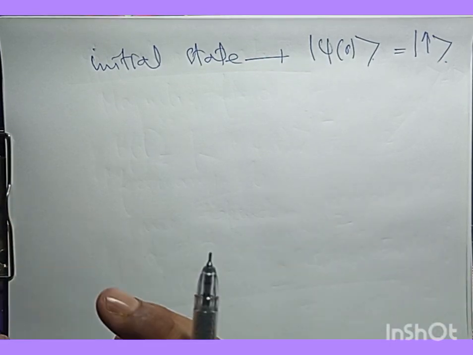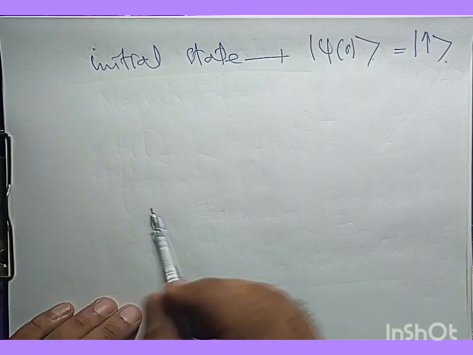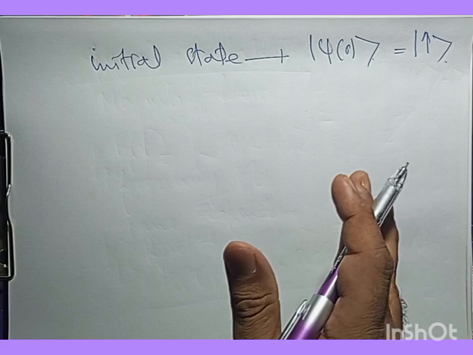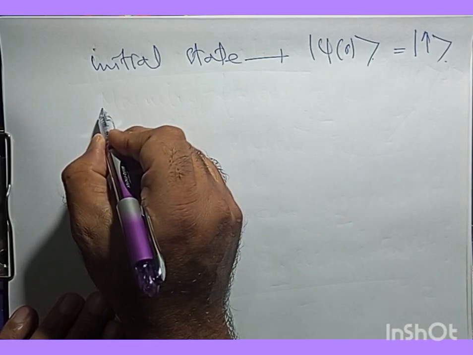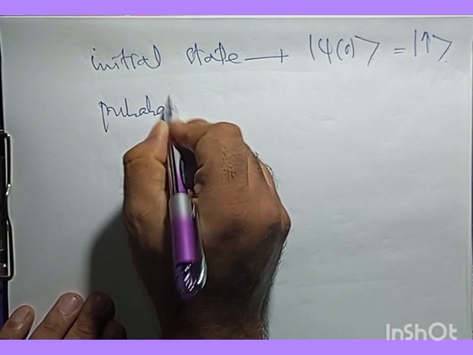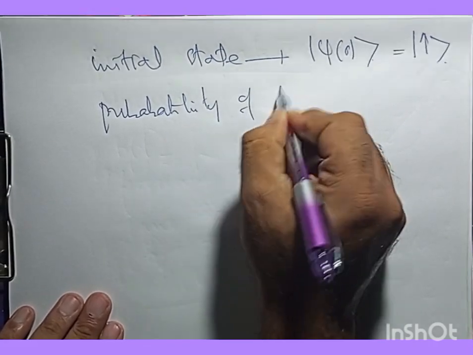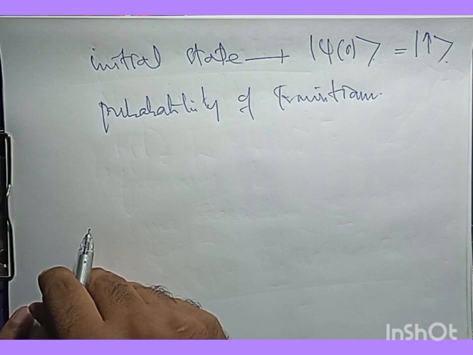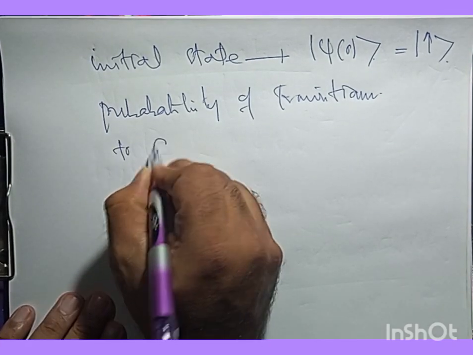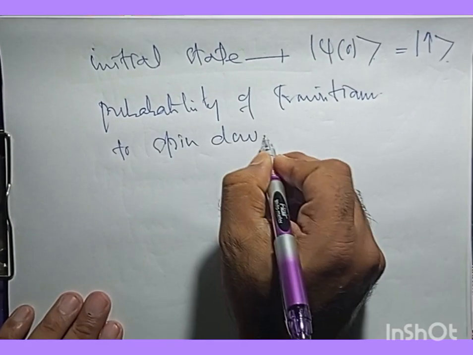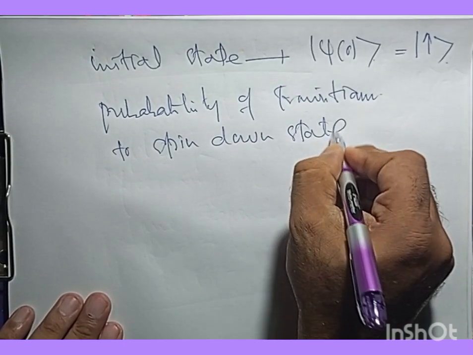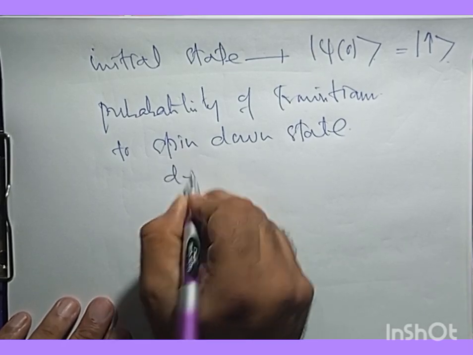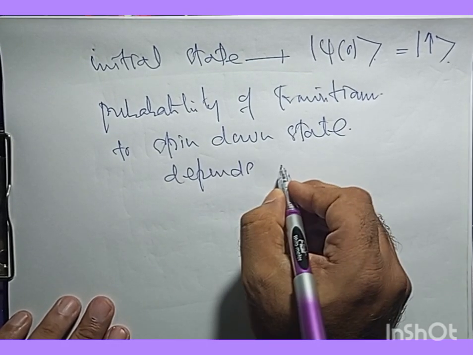But the key result is that the probability of transition to the spin down state depends on the resonance.